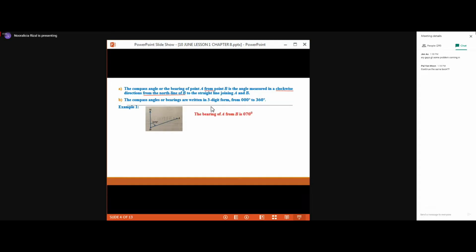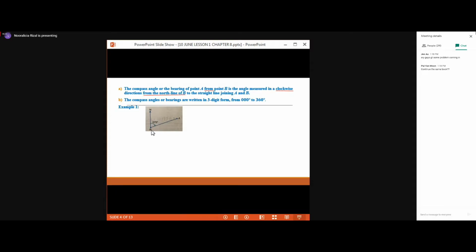Okay, so the question is, we are going to find the bearing of A from point B, just like the statement. Another thing is, there are 2 versions. This is called a simple kind of question. Why is it simple?